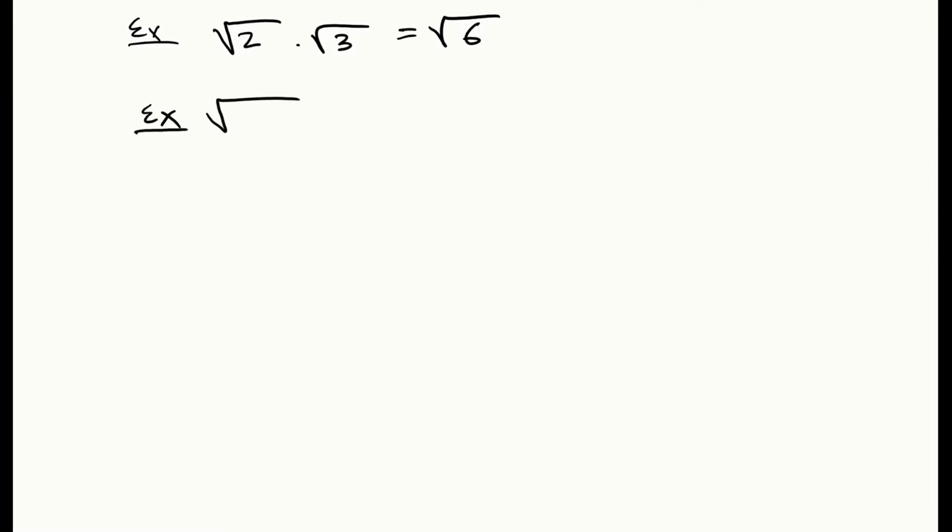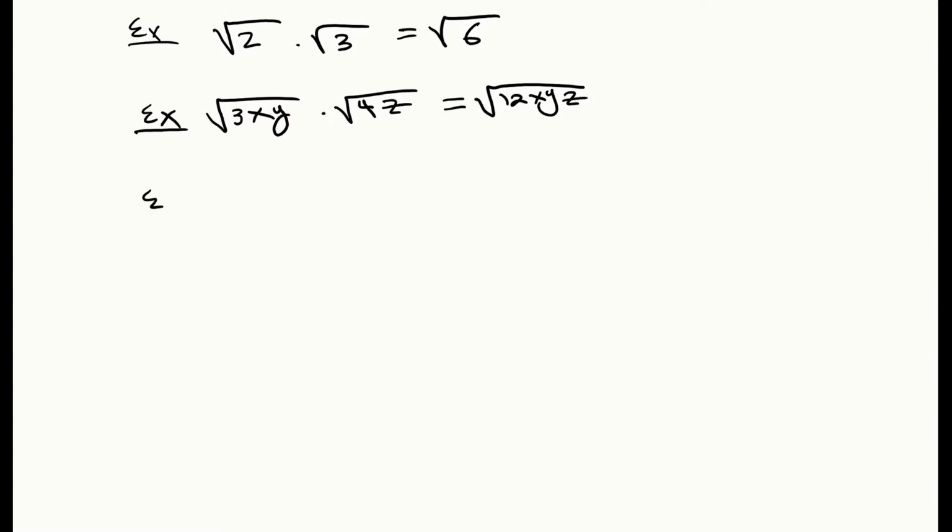Let's say I have the square root of 3xy times the square root of 4z. Because both of those are square roots and they have the same index 2, we can go ahead and multiply under the radical, and we get the square root of 12xyz. So that's possible as well.